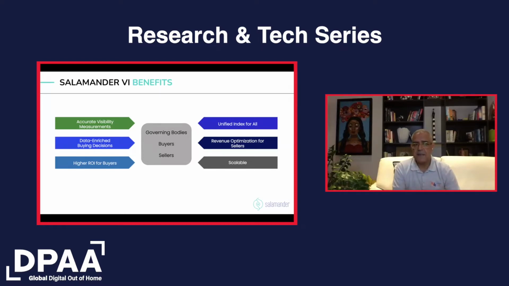Of course, buyers and sellers will also benefit because it will give them an accurate visibility measurement, a new dimension of data-enriched buying decision. This will lead to a higher return on investment for buyers. The unified index, being unified among all billboards, will help optimize revenue for sellers. And most importantly, it's a very scalable solution.